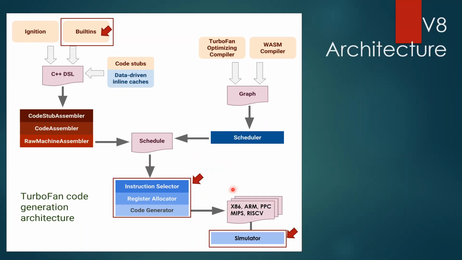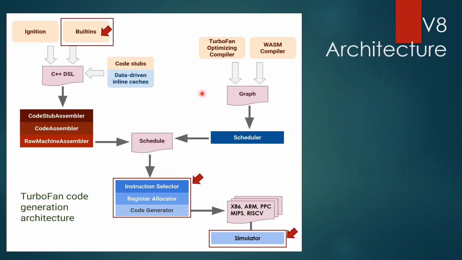In the code generation part, I'm going to focus only on the bottom part of the IR, which is the conversion from the lowest level of machine independent IR, called the machine node IR from the TurboFan IR, going downwards. On top of the machine node IR, there are other IRs like JS level IRs and things like that. Those are handled by the platform independent part of TurboFan, so we're not going to talk about those.